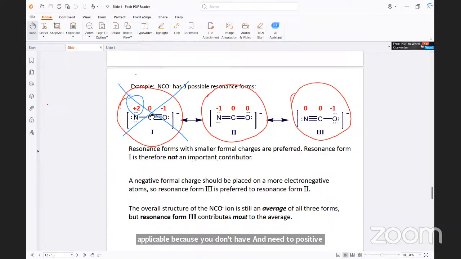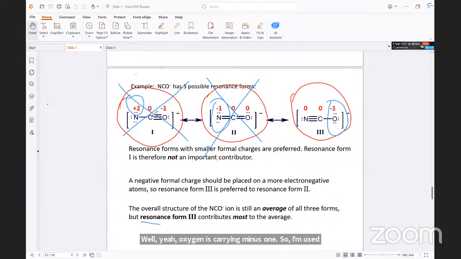adjacent to each other. So the third rule is that the negative charge should be on the more electronegative atom. If you look at this structure, you will see that oxygen is more electronegative than nitrogen. So this is also out of it, because nitrogen is carrying -1, but oxygen should carry -1 because it is more electronegative.